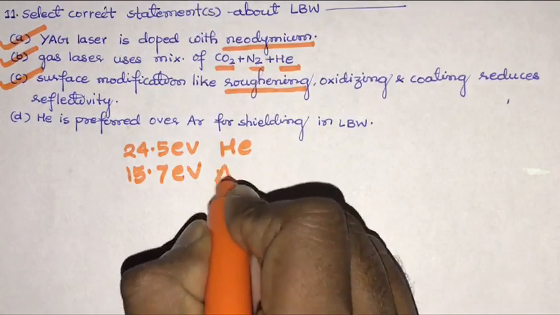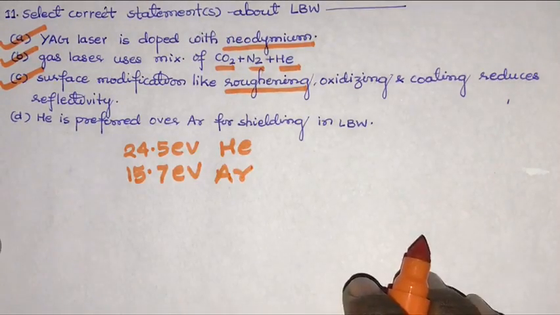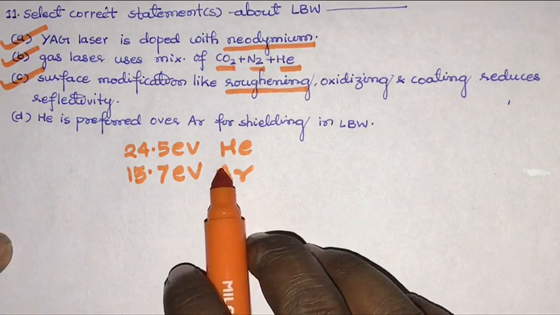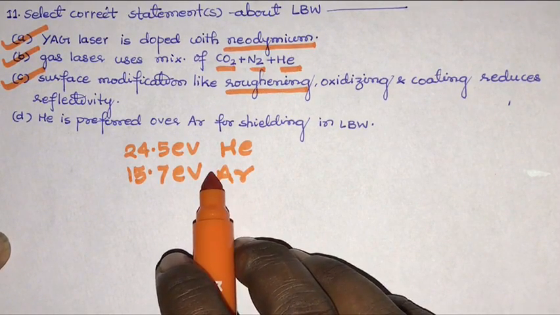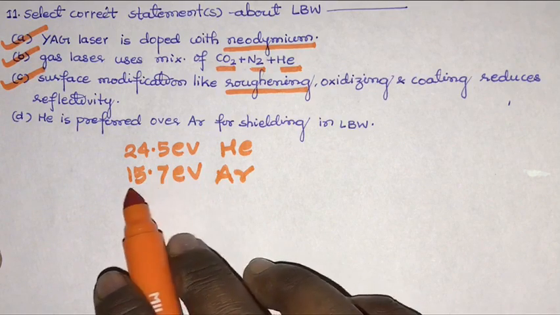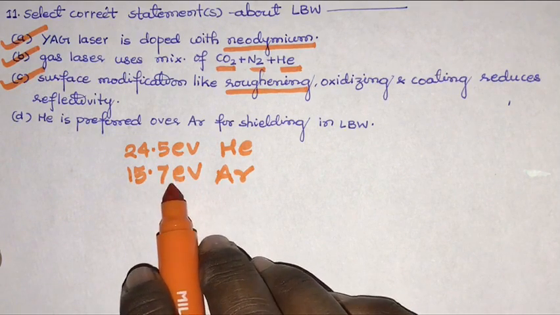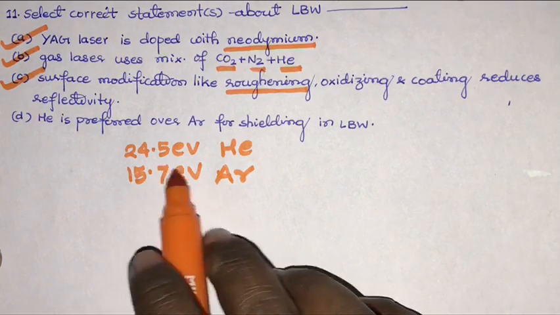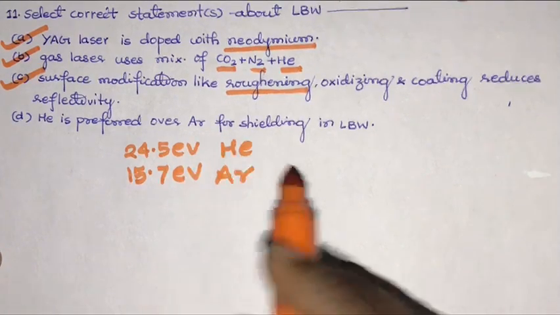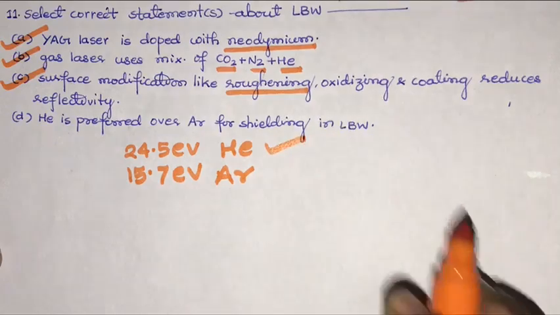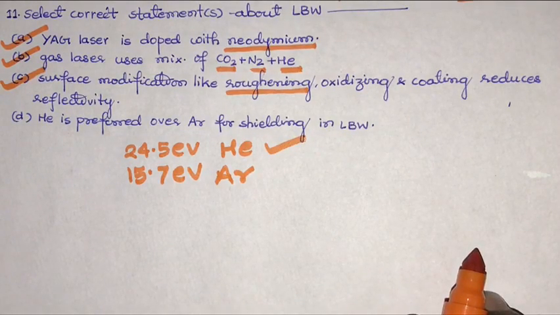So argon can easily be ionized because its ionization energy is much lower than that of helium. So it is better to use helium as a shielding gas, but actually we don't use pure helium.